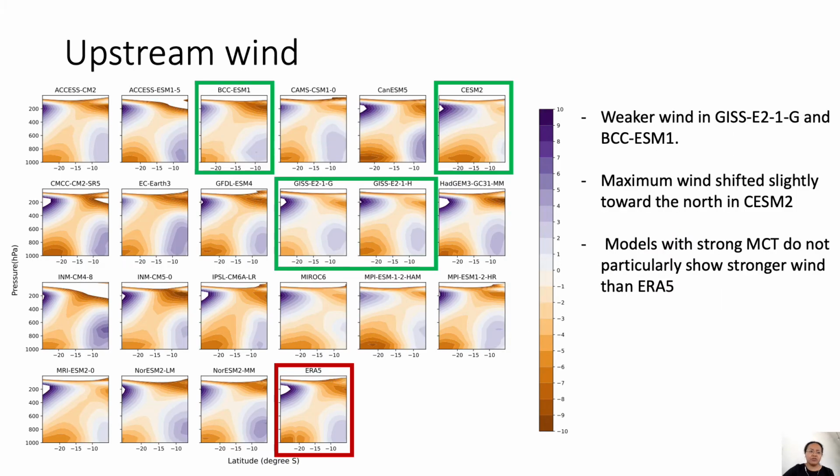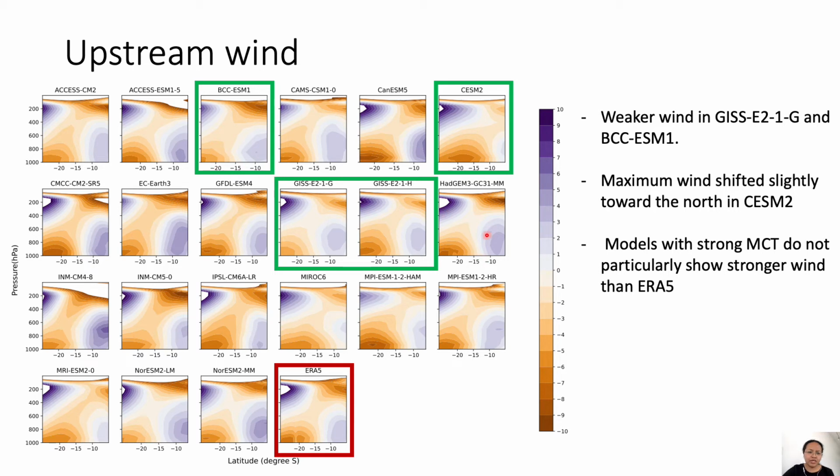So what we did is also to look at the profile of the upstream winds at different latitudes. That's the mean vertical profile of the mean wind from -5 to -30 east of Madagascar.